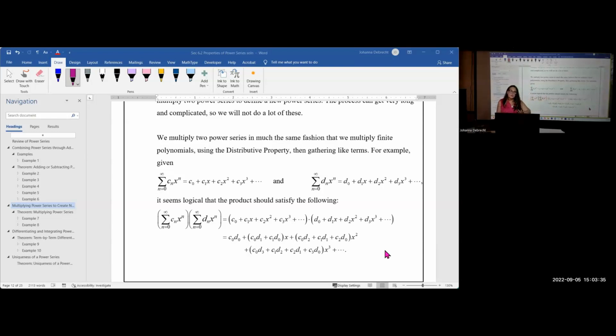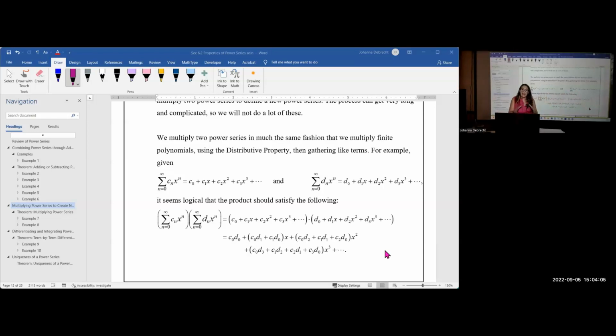Now we can continue this pattern to find all the ones that will have a factor of x squared, but we can get these in two different ways. I could take c sub 0 and I could multiply it by d2x squared. So that would give me c sub 0 d2 times x squared. Or I could take c1x and multiply by the next term, which would be d1x.